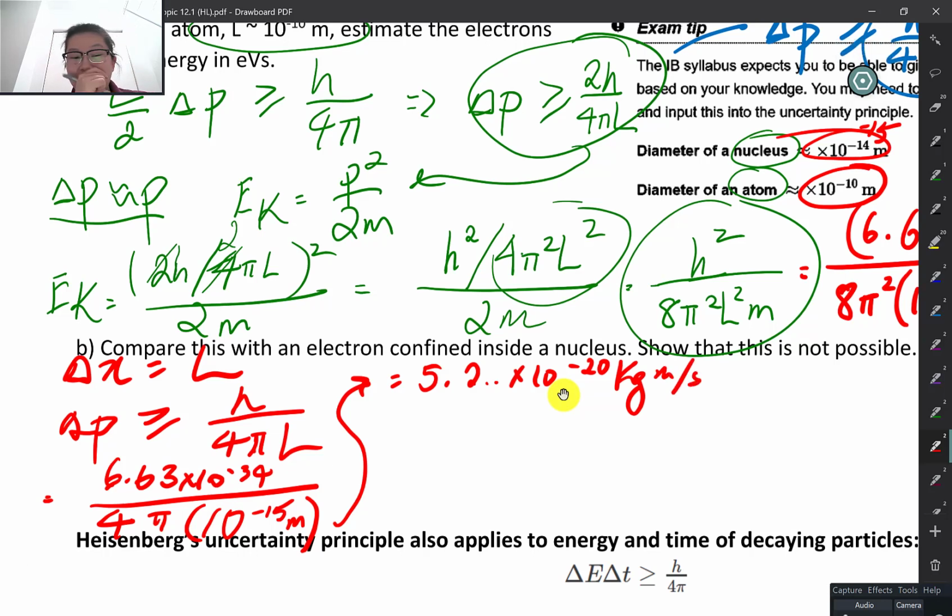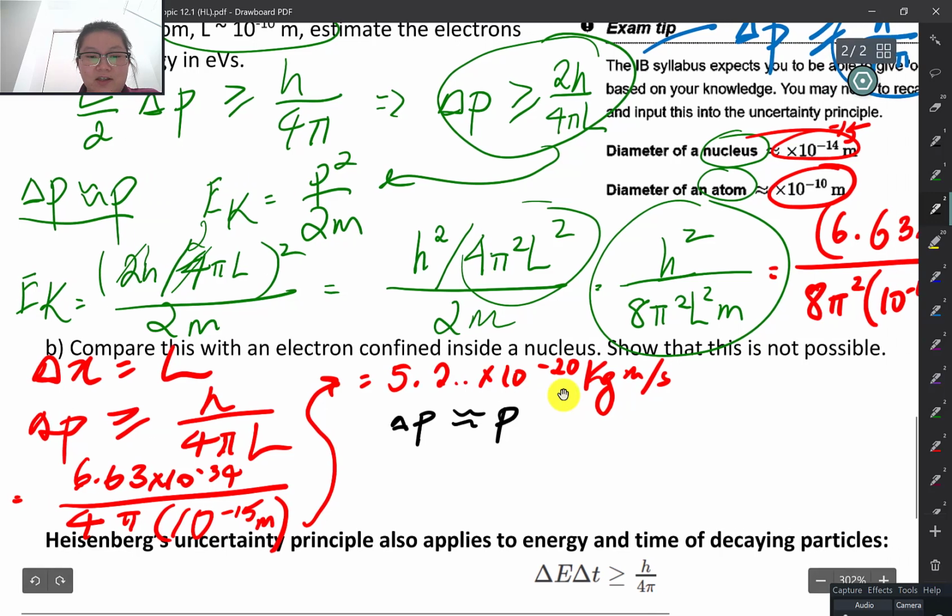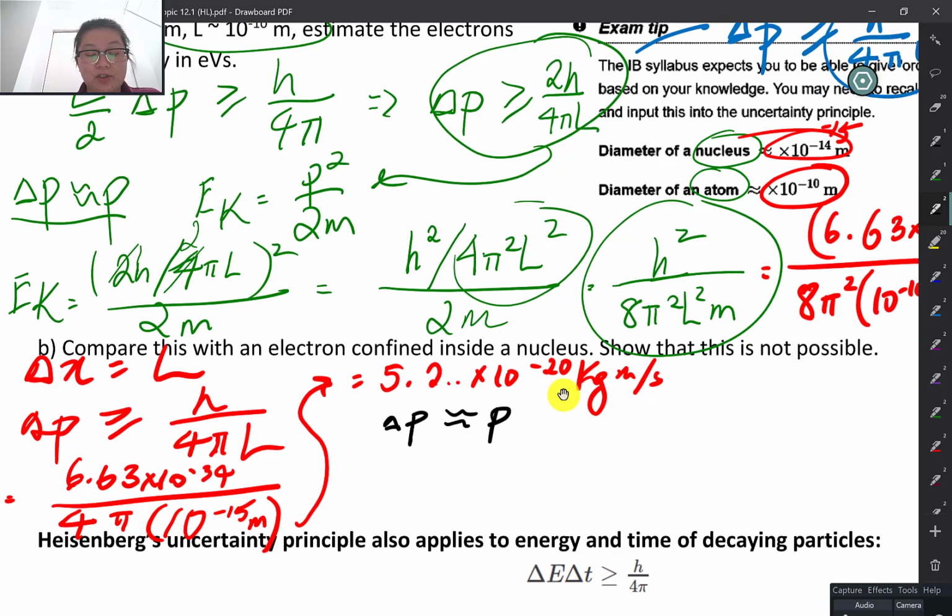Okay, so that's going to be our momentum. Then taking our momentum and finding the kinetic energy associated, like the previous question, we're going to assume that the uncertainty in this momentum is approximately the momentum itself, as just an estimation. Of course, that's not the purpose here.